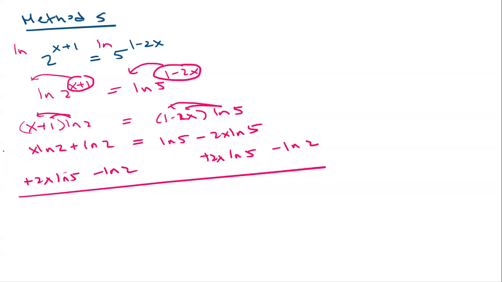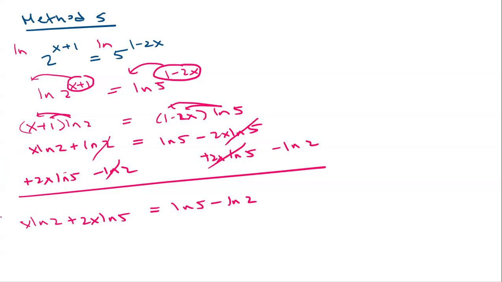So the ln of 2's go away, and then the 2x ln of 5 go away on this side. So we get x ln of 2 plus 2x ln of 5, and then ln of 5 minus ln of 2 on the right.